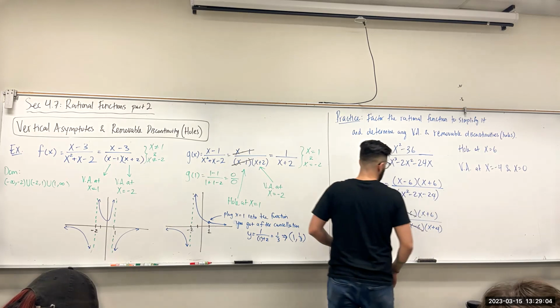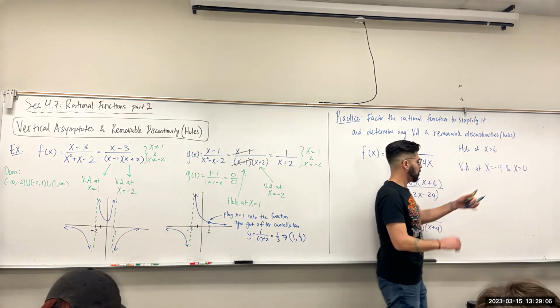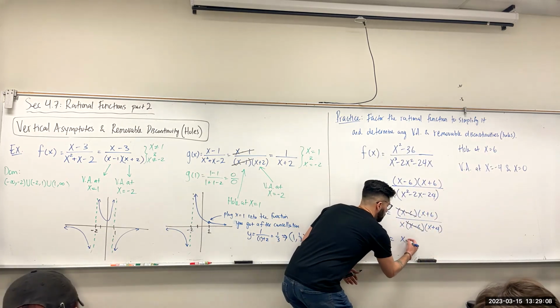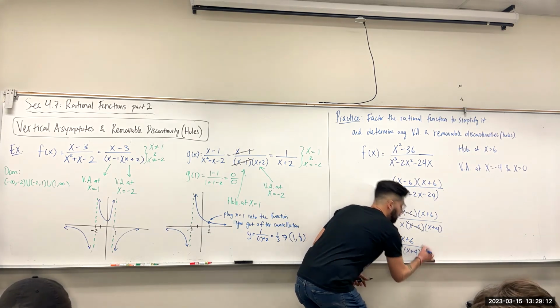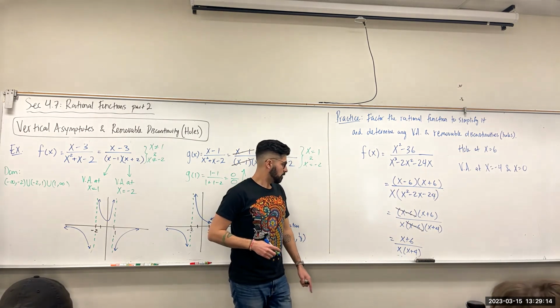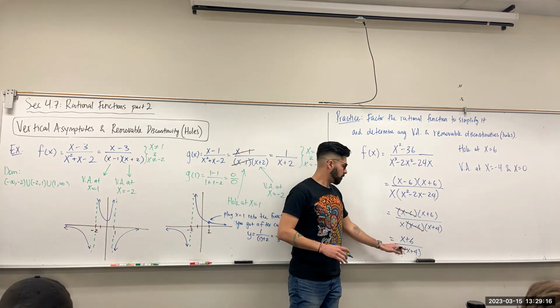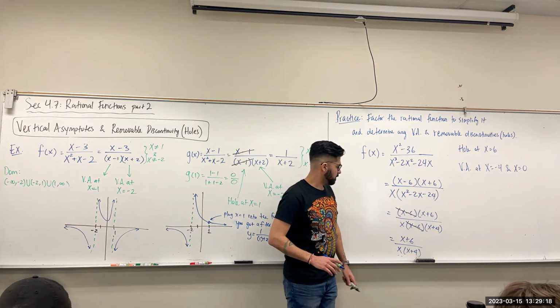Okay, how can I find where the hole will be at? Plug in the 6 into the factored equation, this guy, after I removed the x minus 6.